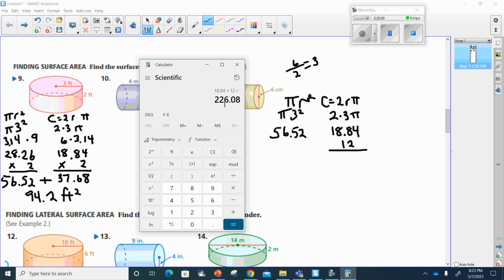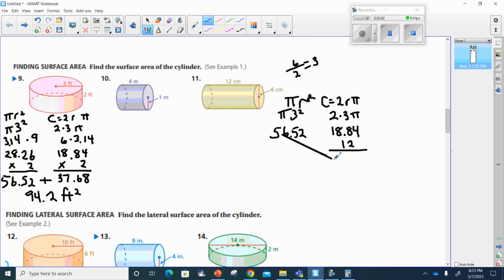And that's going to equal 226.08. Wow, sorry about that. 226.08. I'll double check my calculator on that one.